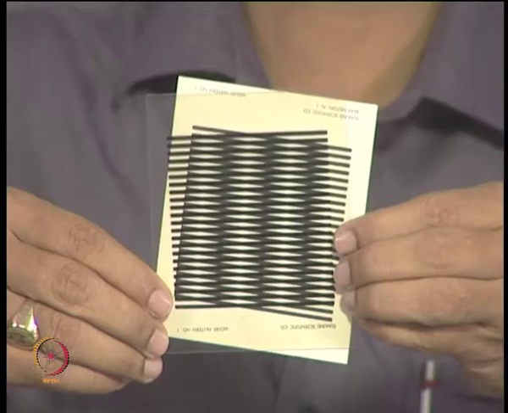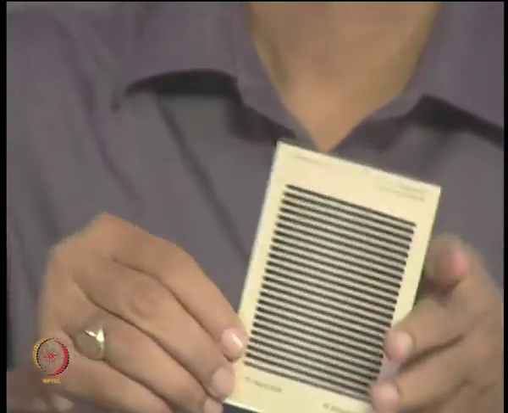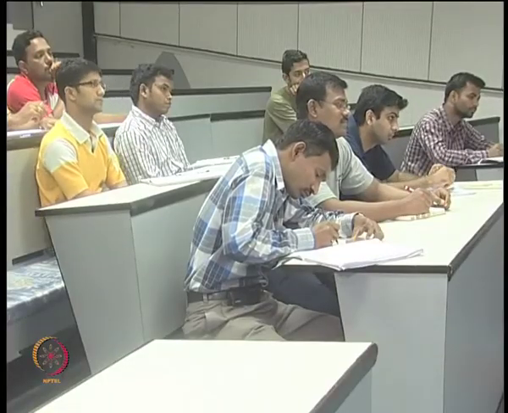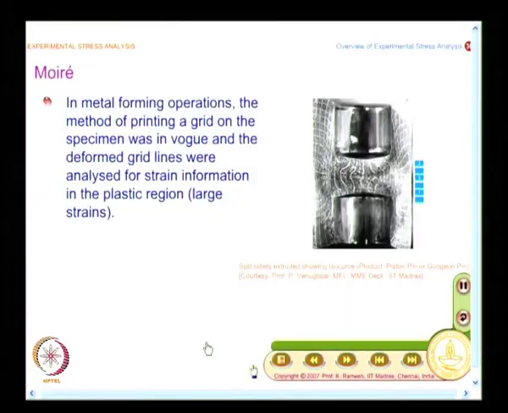So, you will have to be very careful while performing Moire that you take care of the effect of rigid body translation and rotation. It is very important, it is very subtle, and we will again go back and look at it, because Moire is a very interesting technique.